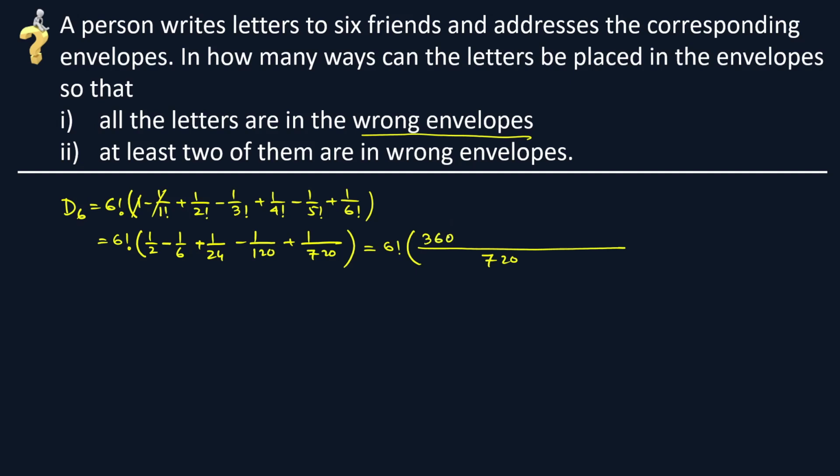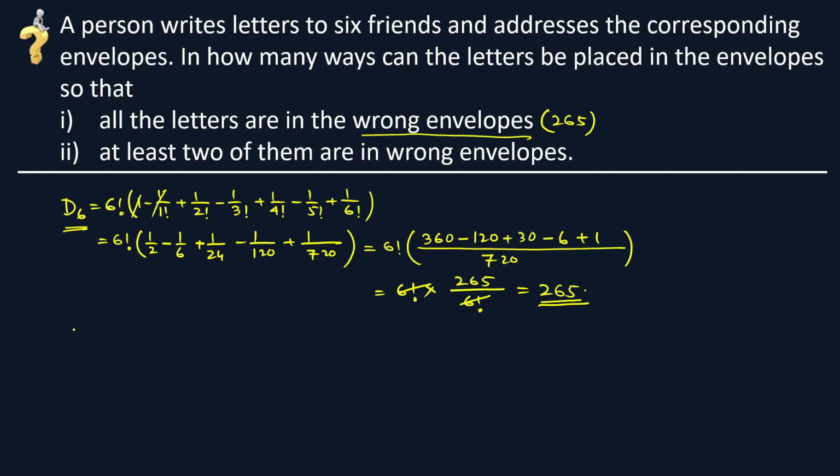And this will be 360 minus 120 plus 30 minus 6 plus 1. So actually we are getting factorial 6 into 720 means factorial 6. And in the numerator it is coming to 265. So factorial 6 goes off. So it is 265. That is, your 6 letters are deranged in 265 different ways. So the first answer will be 265. I hope it is clear to all.